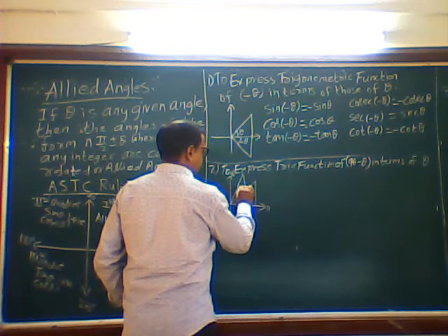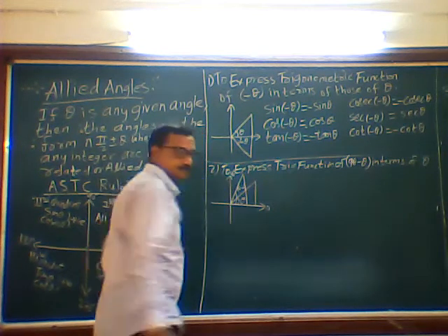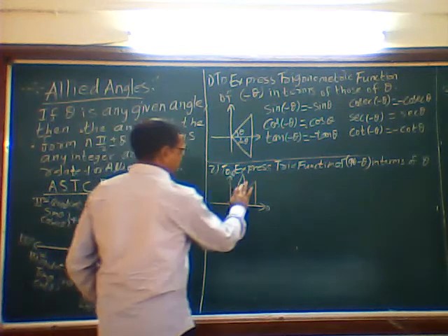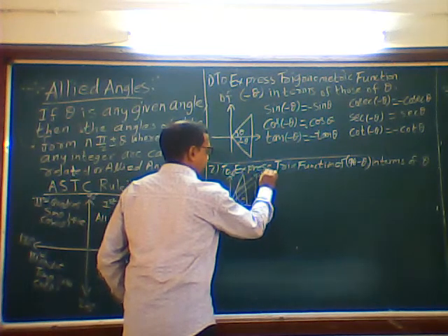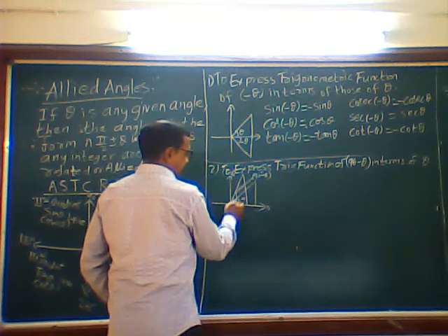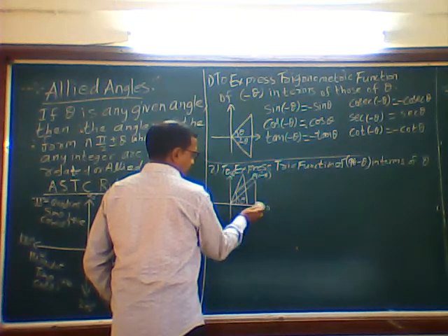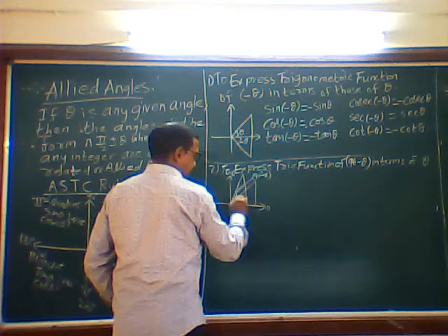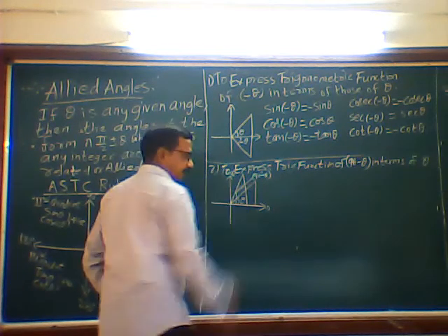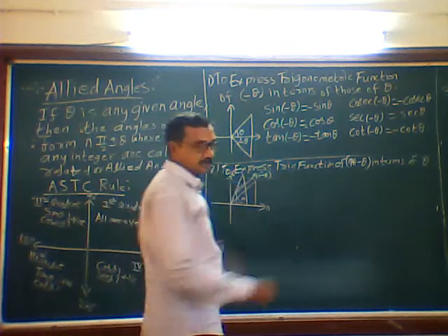This is my 90 minus theta. Here, the reference is theta. From 0 to 90 I am moving and coming back. That is what roughly I have drawn. This angle is 90 minus theta. Now one by one I will do it.